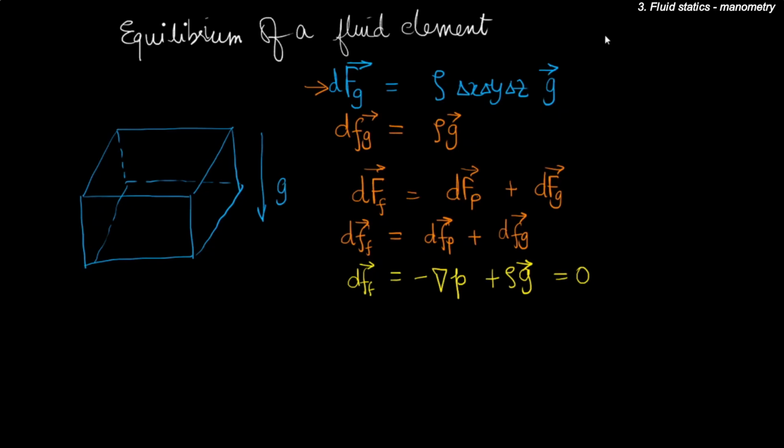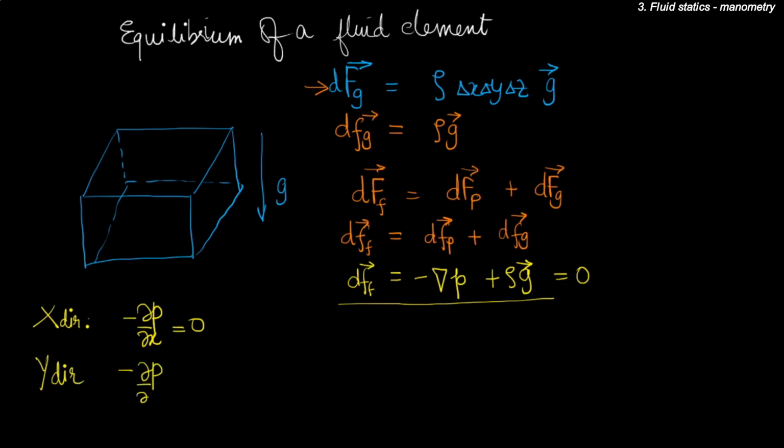So let us write the three components of this particular expression. In the x direction, we have minus del p del x equal to 0. In the y direction, we have minus del p del y equal to 0, because g has only a component in the z direction.